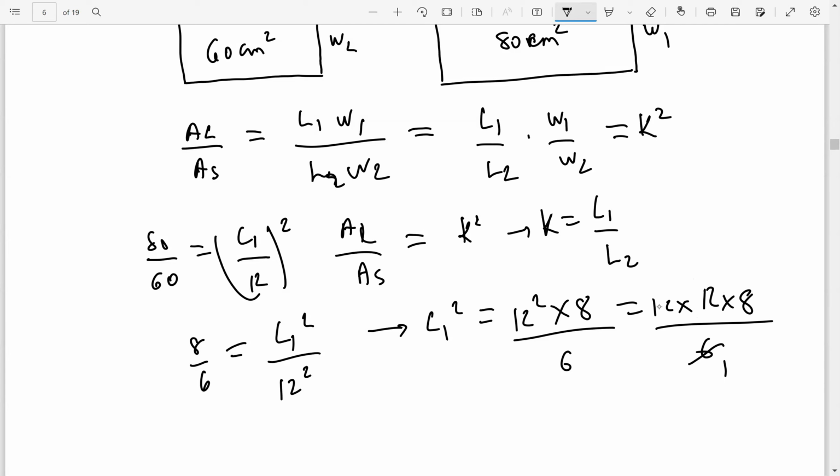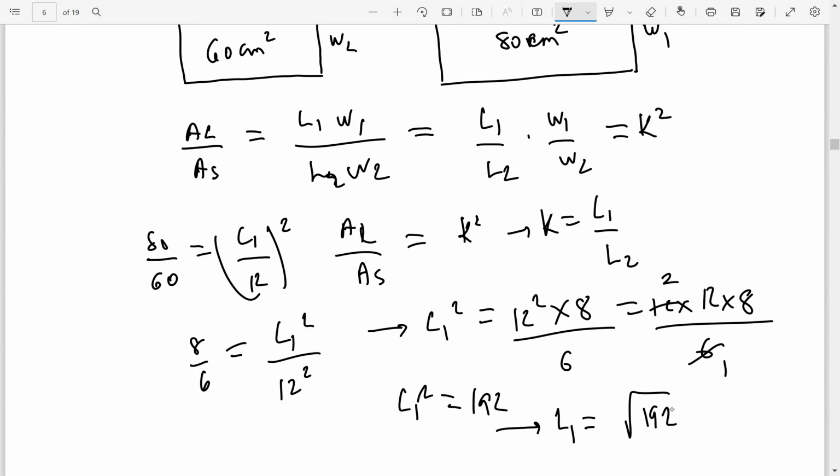Simplify by 6, 1 by 6 here will be 2. You have 24. You multiply by 8. You get L1 square is 192. Dear students, so what is L1? L1 will be square root of 192.